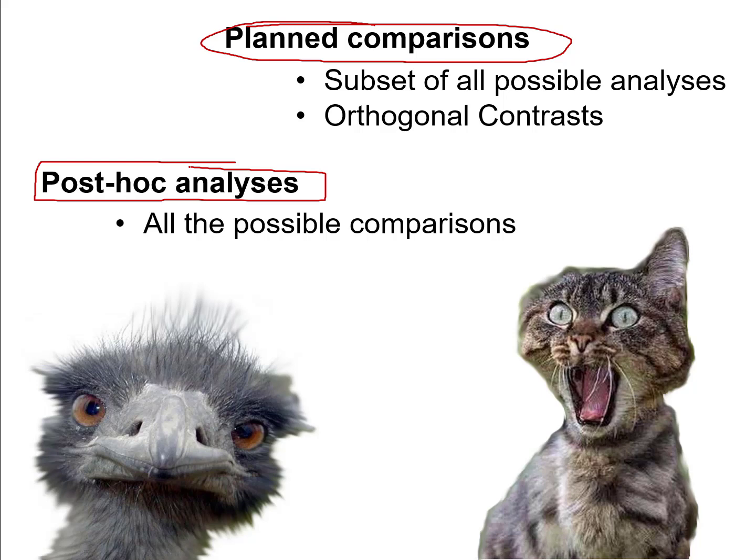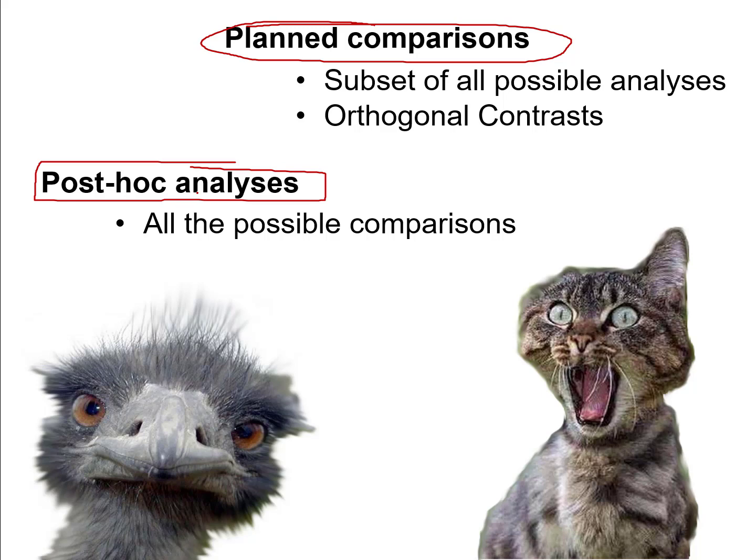With planned comparisons, which we were talking about in the previous section, I follow a set of rules, and these rules determine which specific contrasts I can or cannot make. I'm not going to make every possible contrast that I could make.